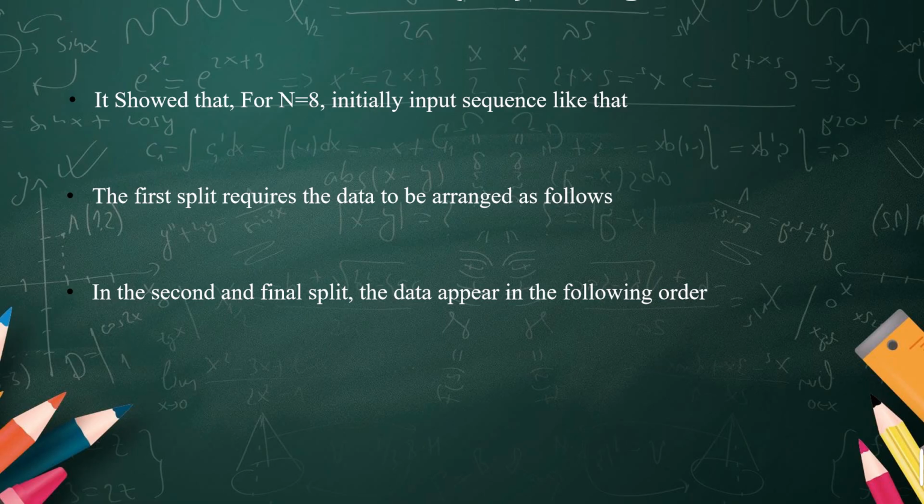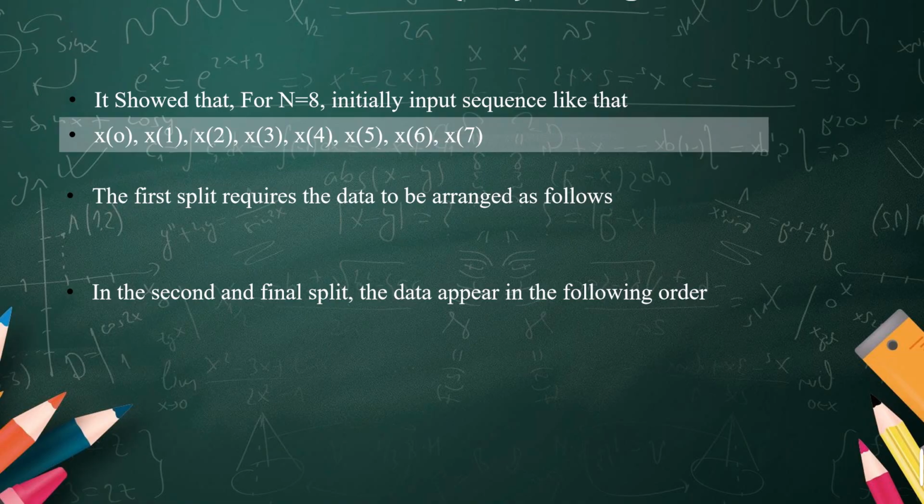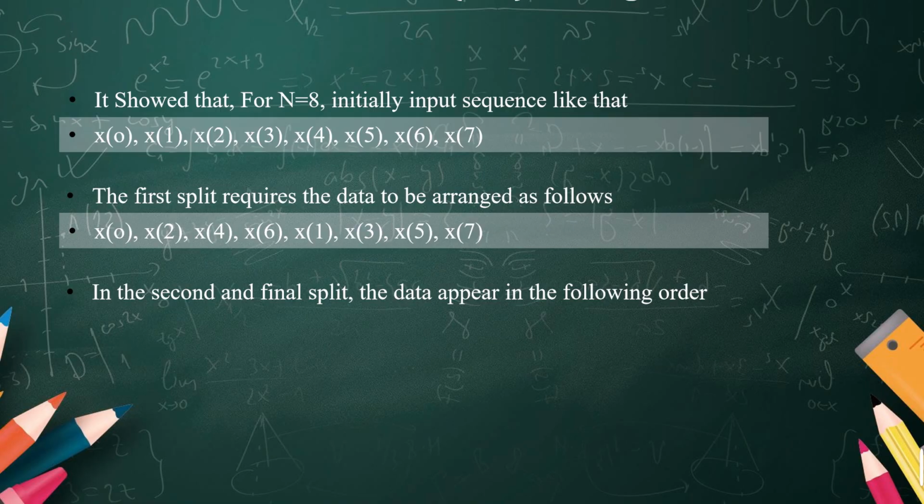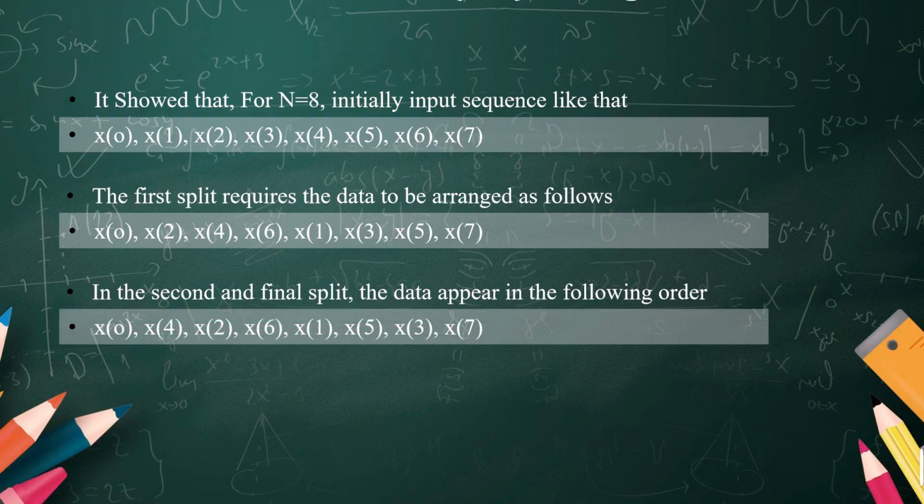It shows that for N equal to 8, the initial input sequence is x0, x1, x2, x3, x4, x5, x6, and x7. The first split requires the data to be arranged as follows: x0, x2, x4, x6, x1, x3, x5, and x7. In the second and final split, the data appear in the following order: x0, x4, x2, x6, x1, x5, x3, and x7.